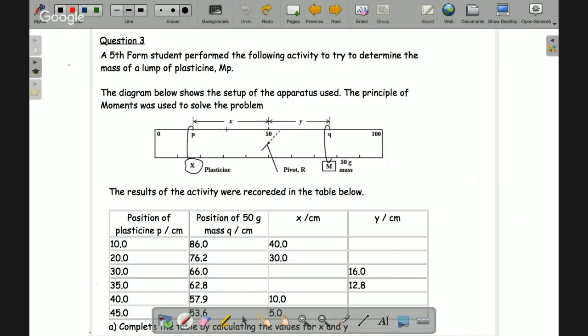If you look at the diagram for a little bit, the apparatus, you can see the pivot. It's right at the 50 position mark of the ruler. As I mentioned, the ruler just goes from 0 up to 100.